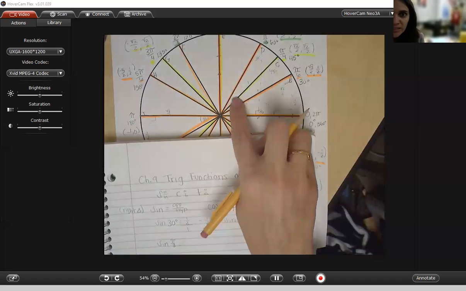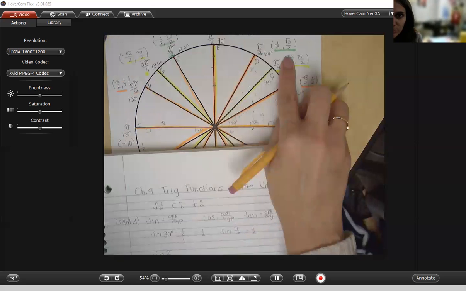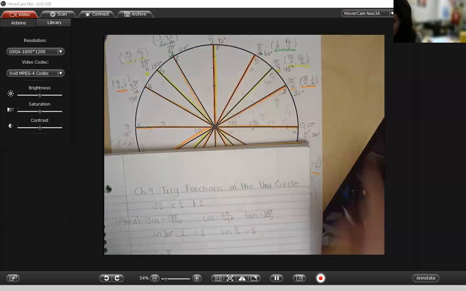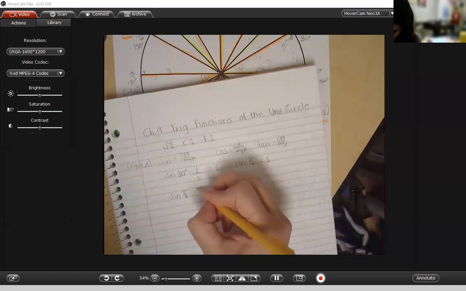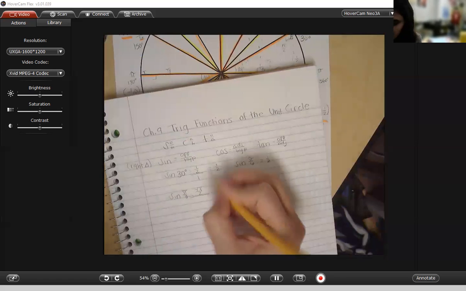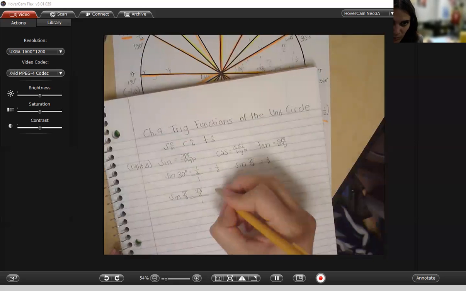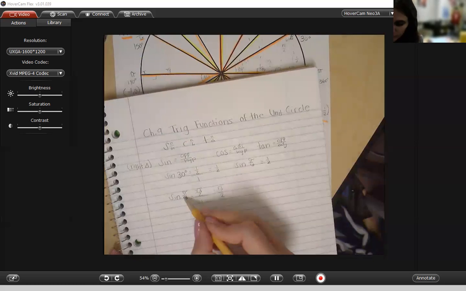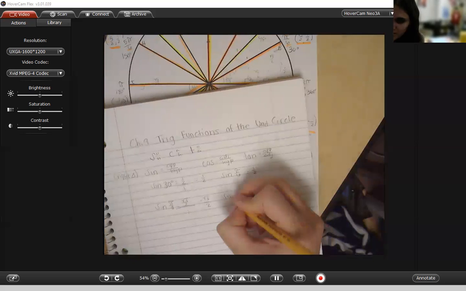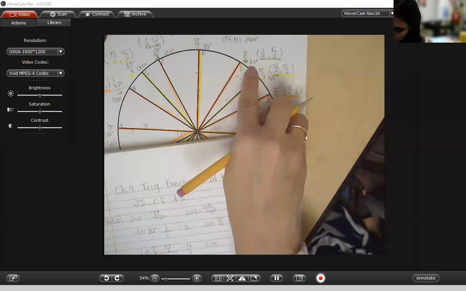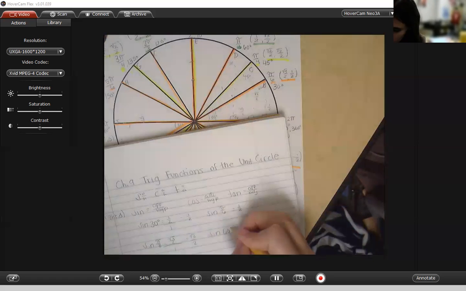My opposite is now this one right here, which is my y value, rad 3 over 2. And my hypotenuse is still 1. So I still have rad 3 over 2 as my sine of pi over 3. Guess what? That's the same thing as sine of 60 degrees. They're both going to be rad 3 over 2.